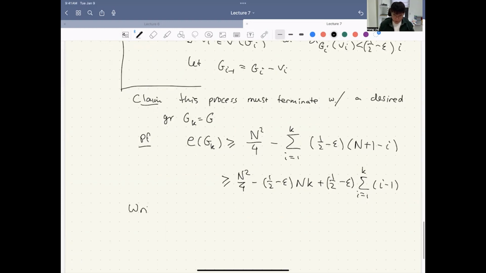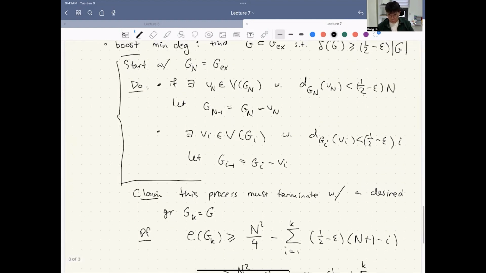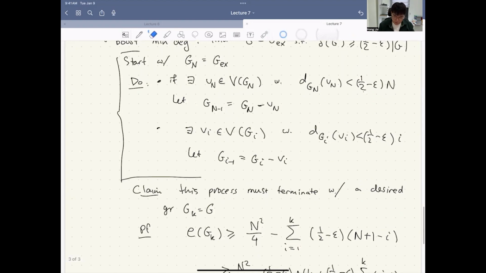Now write n to be the number of... I know what's wrong. I messed up the index. So actually, let me call this guy G_0. Sorry.